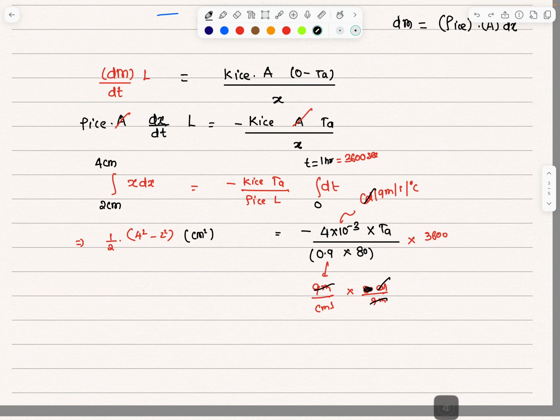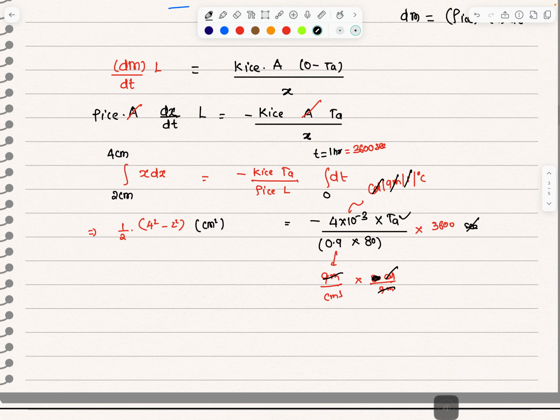This is calorie per gram. The second term gets cancelled, and what remains is degree centigrade. This gram term also gets cancelled, because this gram and that gram cancel out. So what is left? Nothing is left basically. So that is our answer.